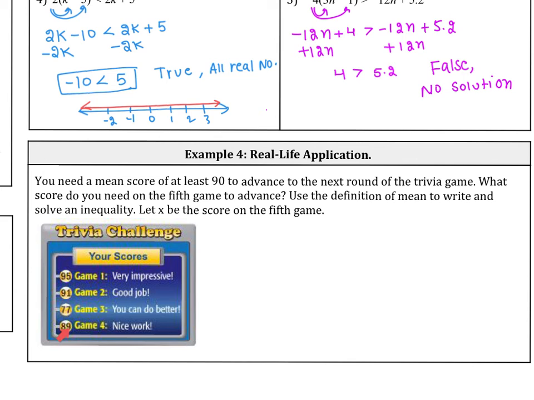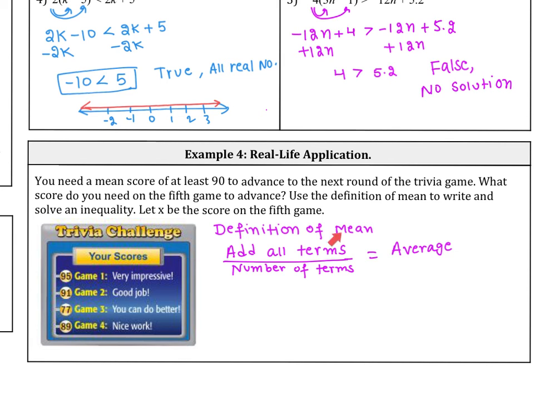The definition of mean is add all the terms divided by the number of terms. It will give you the average mean. So now we are going to add all 4 games, and the fifth one we assume is x.